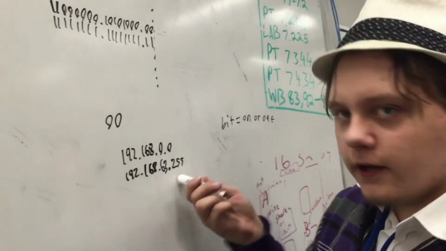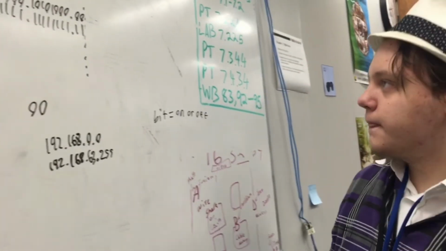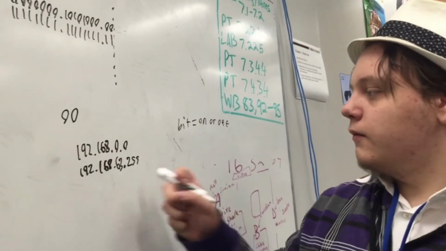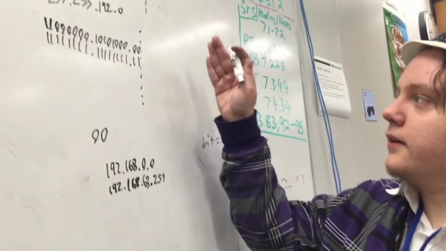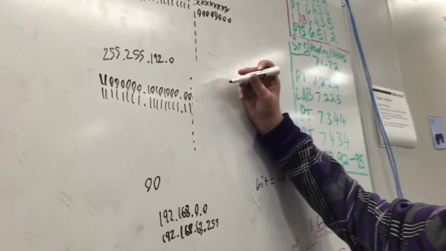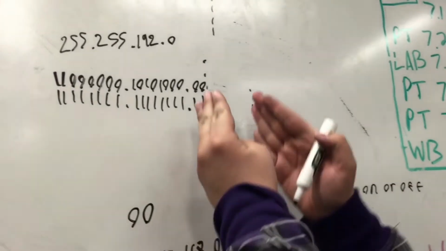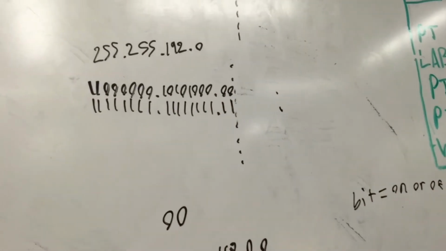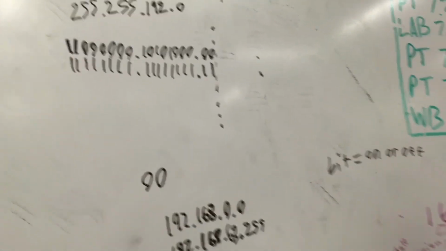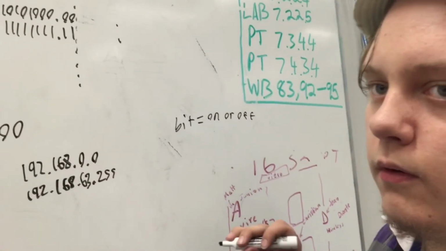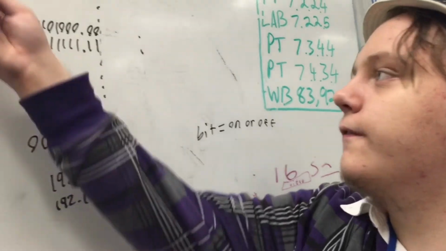And I say .255 for this last octet because we can go from .0 over here. As you saw before I erased it, there's a dot over here because now we're in the third octet, because it can go from anything between all zeros to all ones, which we already know is 255.